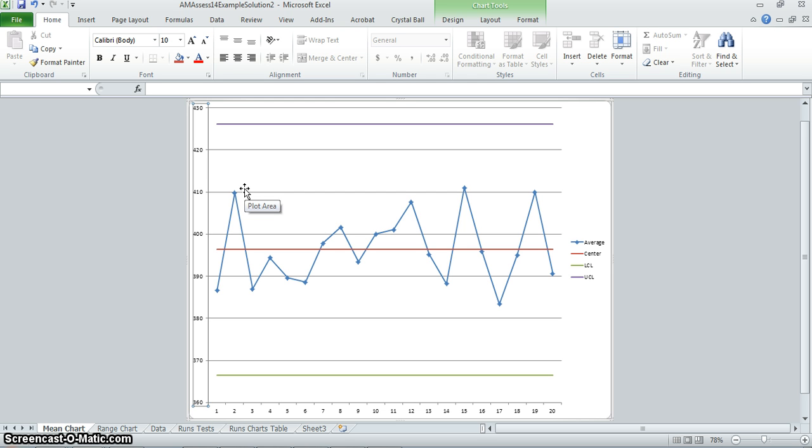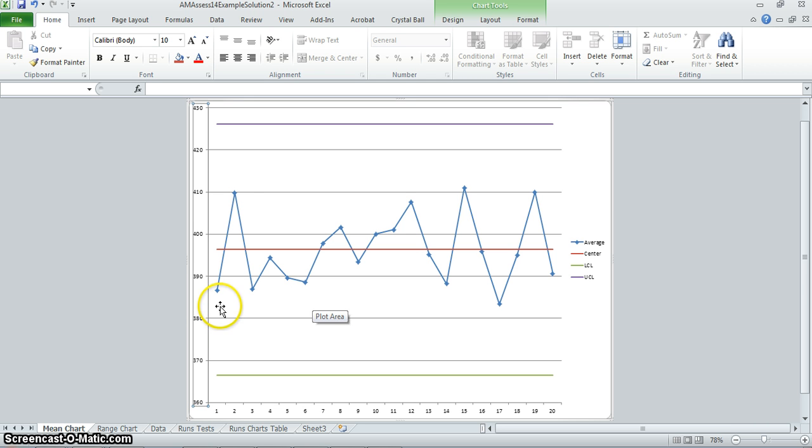The points then move above the center line, so this will be run number 2. And then again, we cross the center line and we have a group of 4 points below the center line. So this group of 4 points together will be run number 3.